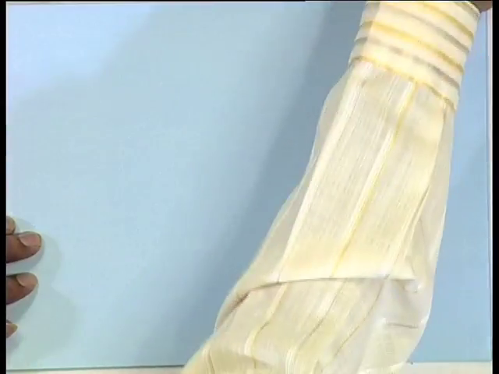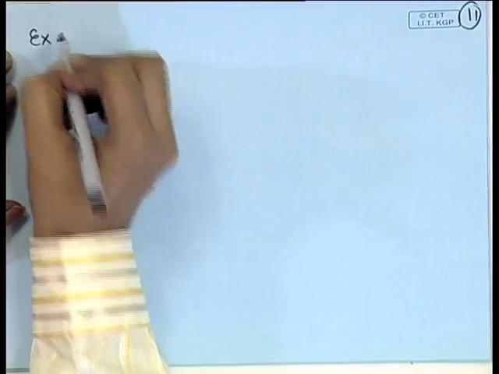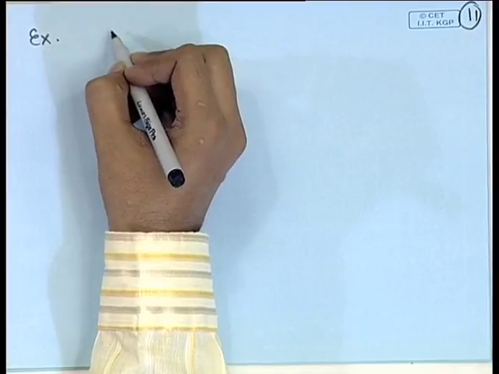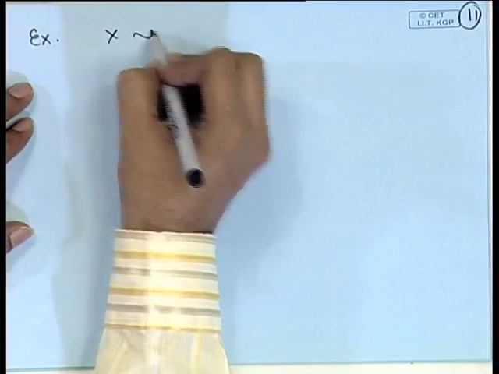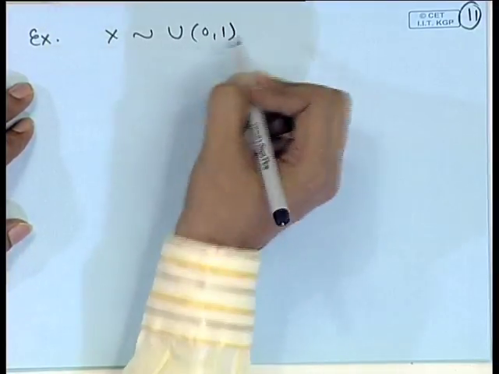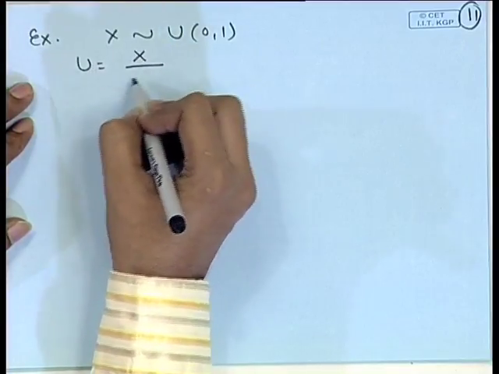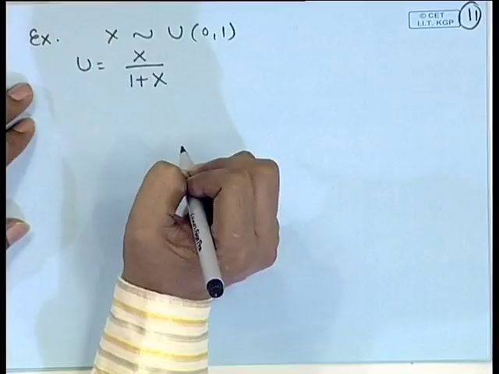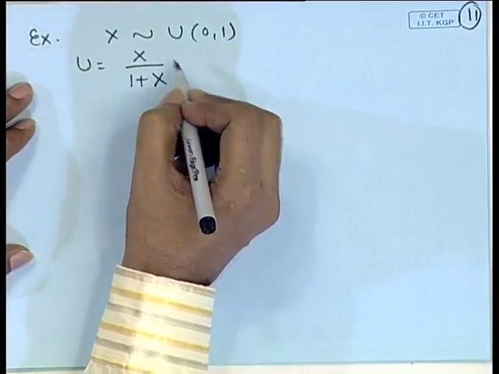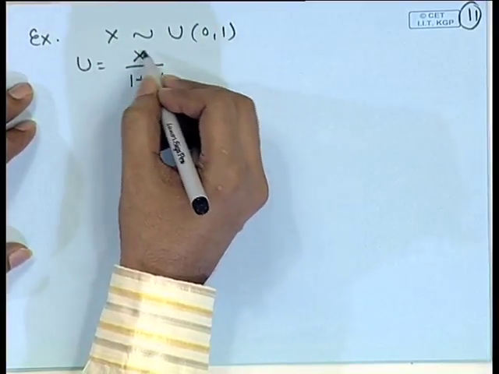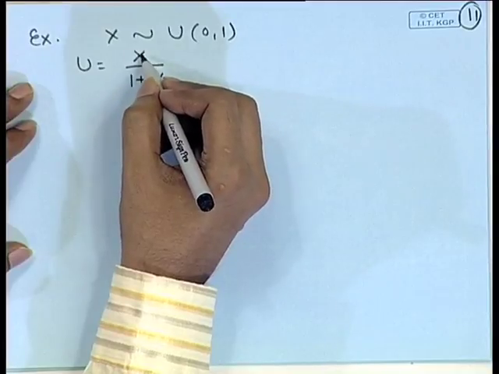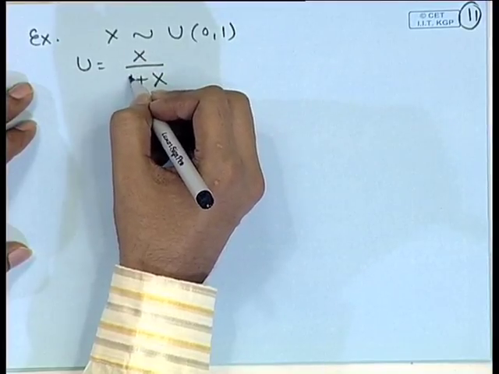So, let us look at another example. Say x follows uniform 0 1, and we define random variable u equal to x divided by 1 plus x. Now, again you can see that this is a 1 to 1 function.